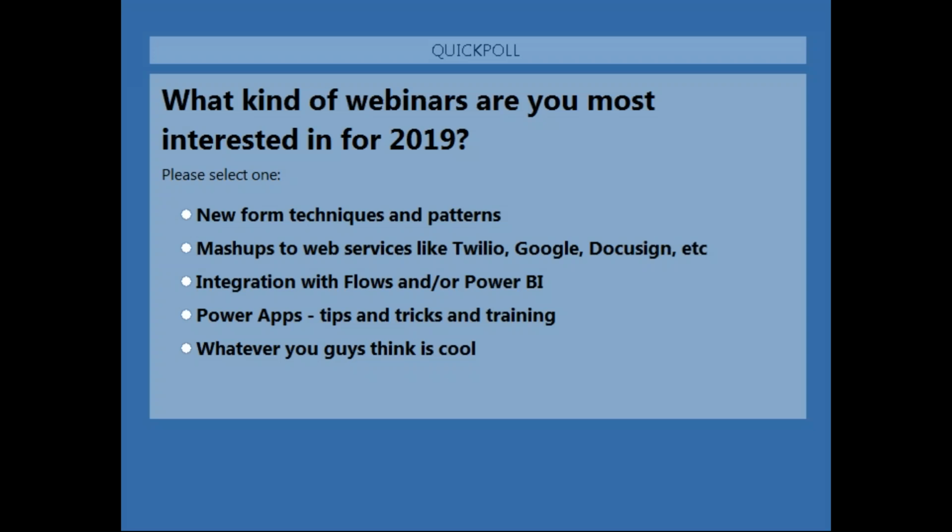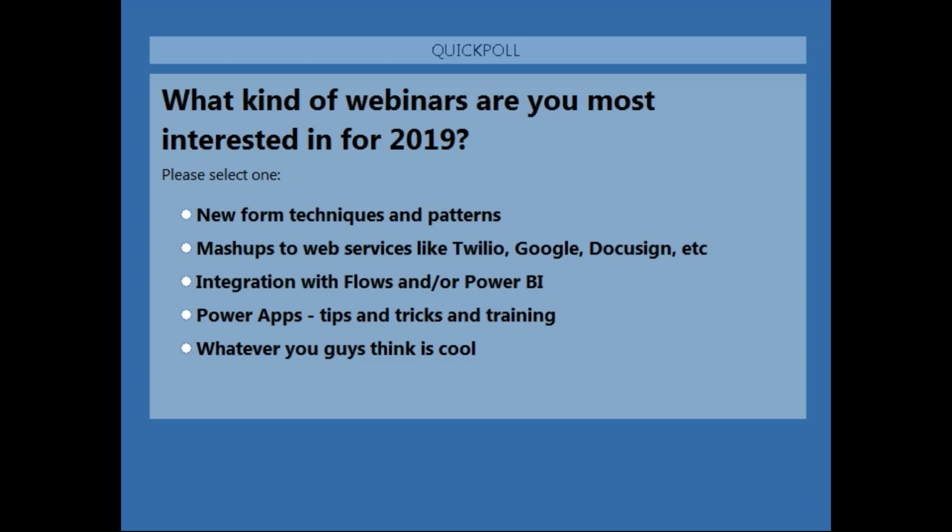GoToMeeting says it's distributing the poll, so hopefully you should see something soon. Okay, great. So it looks like we have one person voting. There we go. So there's a couple questions here. What would you like to see in 2019? We did 27 webinars last year.